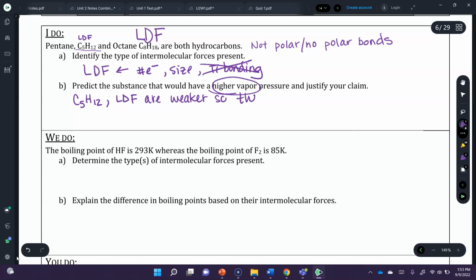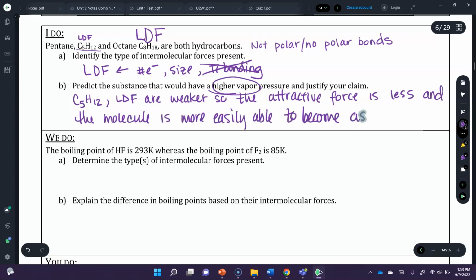So the attractive force is less and more of it is a gas. Vapor pressure is just saying what pressure of the liquid above it is actually a gas of the same compound. Like liquid water, you have a cup of water sitting and it eventually evaporates off.